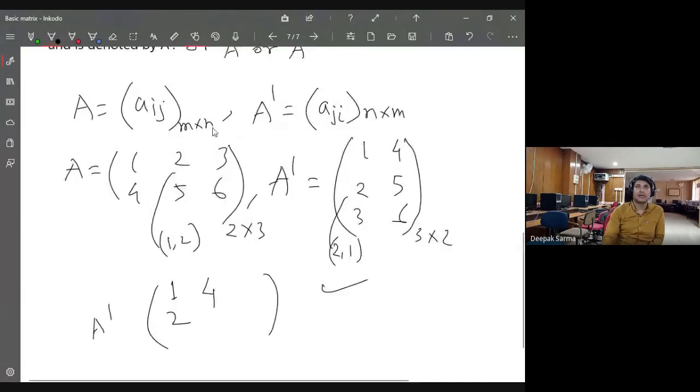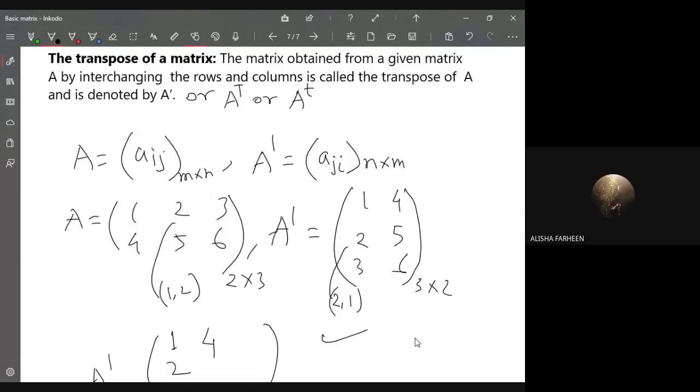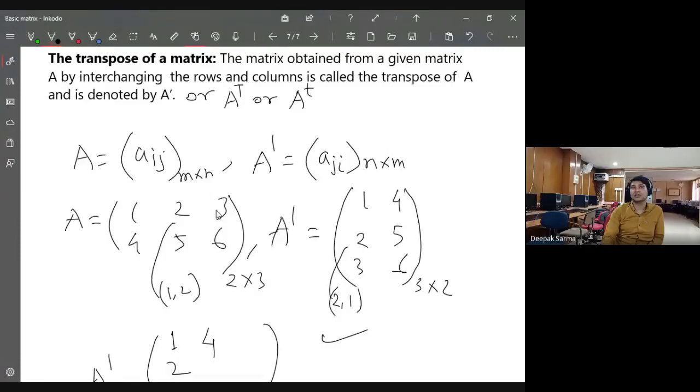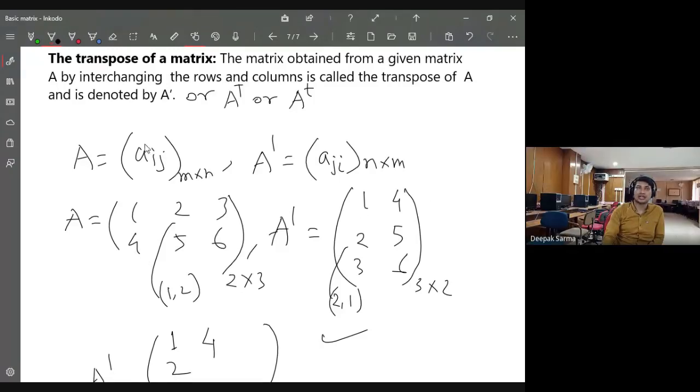Now, if you apply the definition, the summary is that the ij entry goes to the ji entry for each entry. 3 is here in the 1,3 entry, but it goes to the 3,1 entry. 4 is here in the 2,1 entry, but 4 goes to the 1,2 entry. So if I identify any element here as Aij, the corresponding element in A transpose will be Aji.